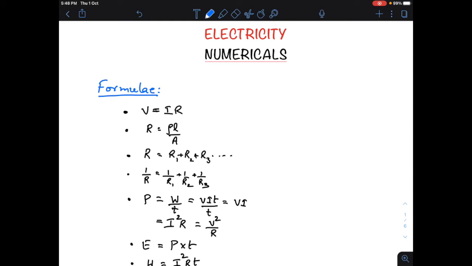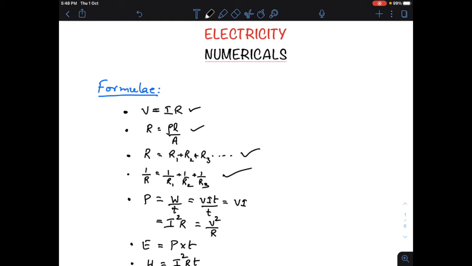Before we start, let us see the important formulae that we have discussed in this chapter on electricity in all the previous videos. V is equal to IR. R is equal to rho L by A. For series resistance, R is equal to R1 plus R2 plus R3, and for parallel resistance, 1 by R is equal to 1 by R1 plus 1 by R2 plus 1 by R3.